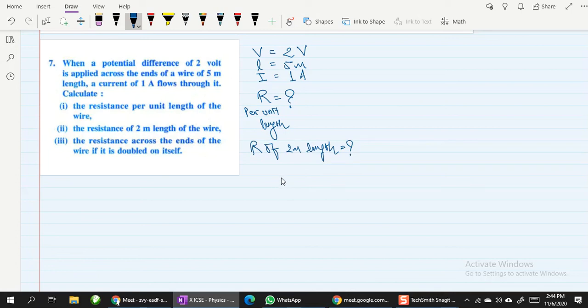And the resistance across the ends of the wire if it is doubled on itself.